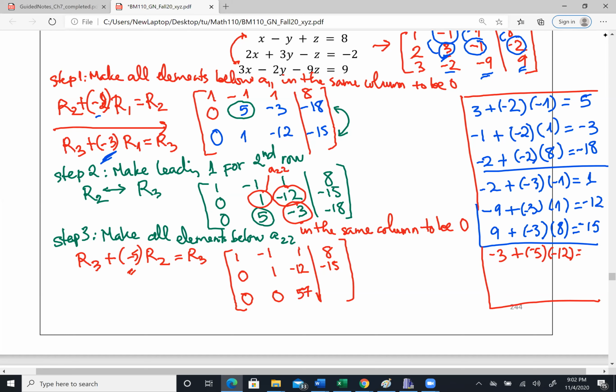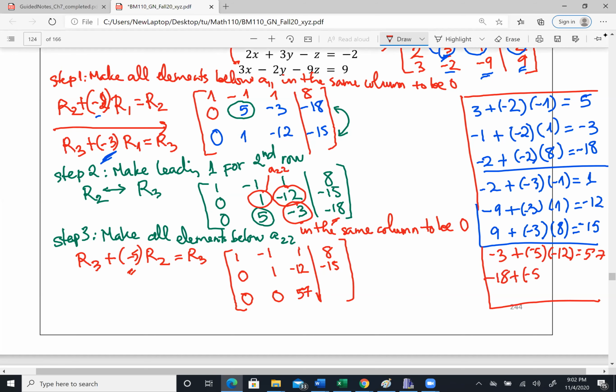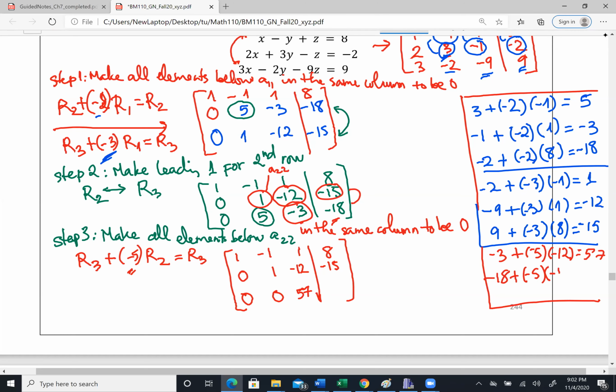Okay, and then the last term was -18 here. I plus -5 multiplied with row 2, so -15.